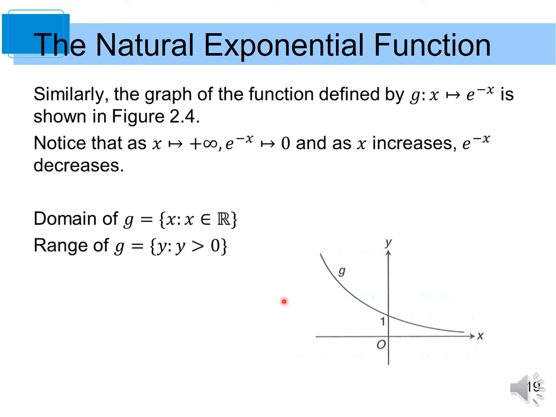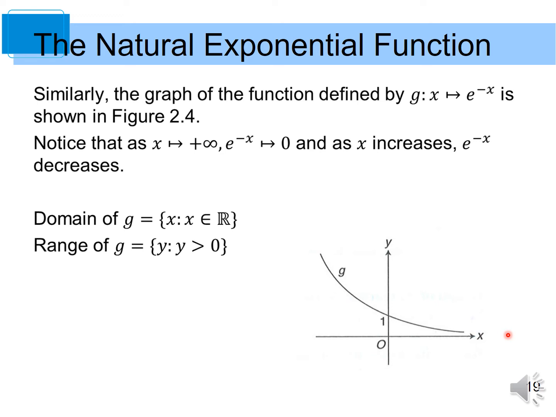Same for the exponential function where the power is a negative function, for example, e to the power of negative x. When x tends to positive infinity in this direction, the curve will get closer to 0, meaning that as x increases, the curve decreases.